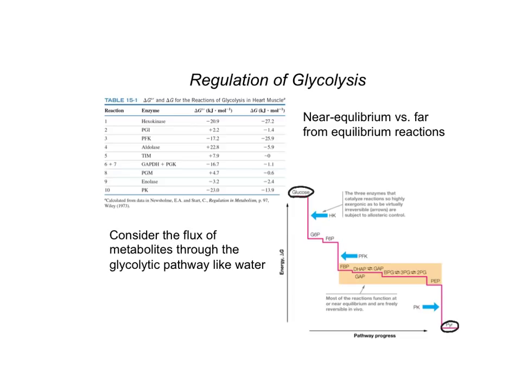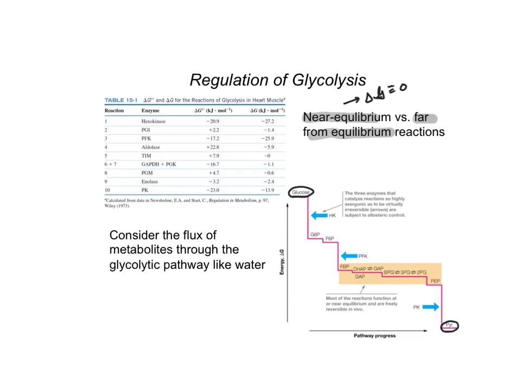Okay? So there are going to be two different types of reactions that we're going to look at with respect to glycolysis. They're going to be reactions that we call near equilibrium versus far from equilibrium reactions. Did you guys talk about this at all? No. Okay, so near equilibrium reactions. These guys are going to have delta G's that are approximately 0, right?